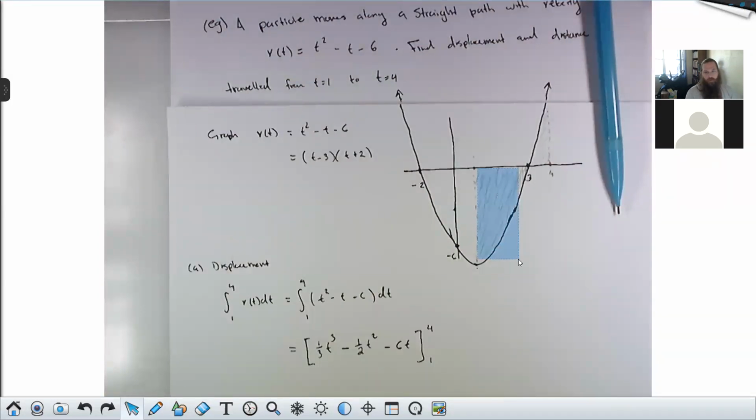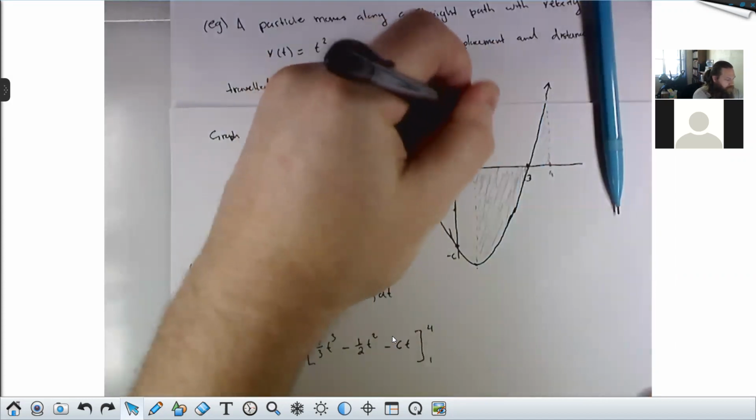This area down here, which will be measured as negative, and this area up here, which will be measured as positive. That's what this integral is going to give me. It's the integral of this function. This function is v of t.